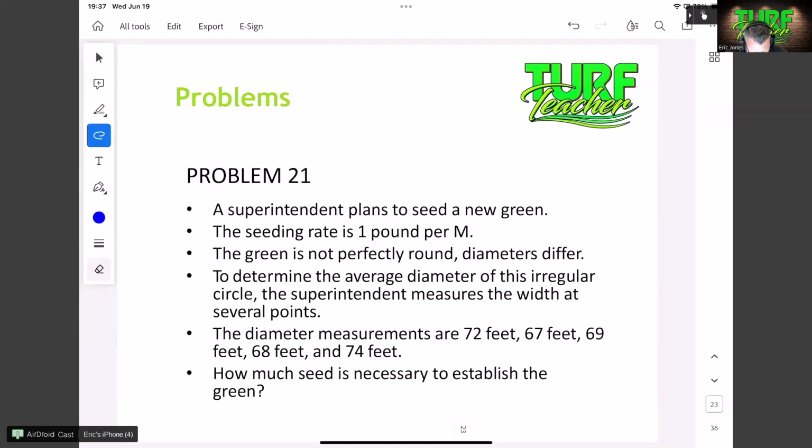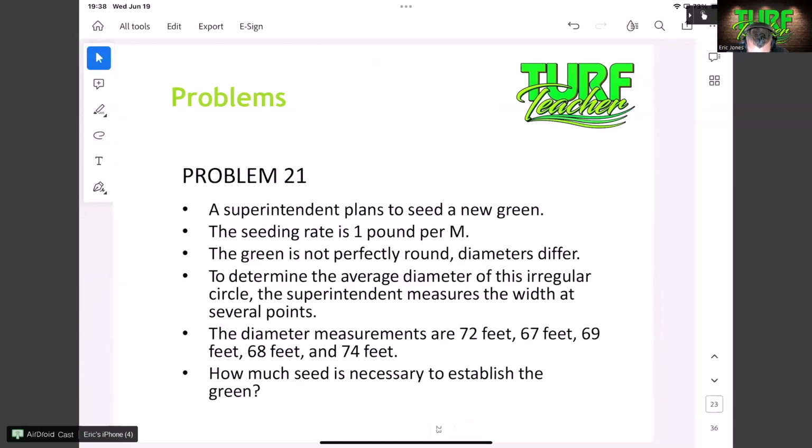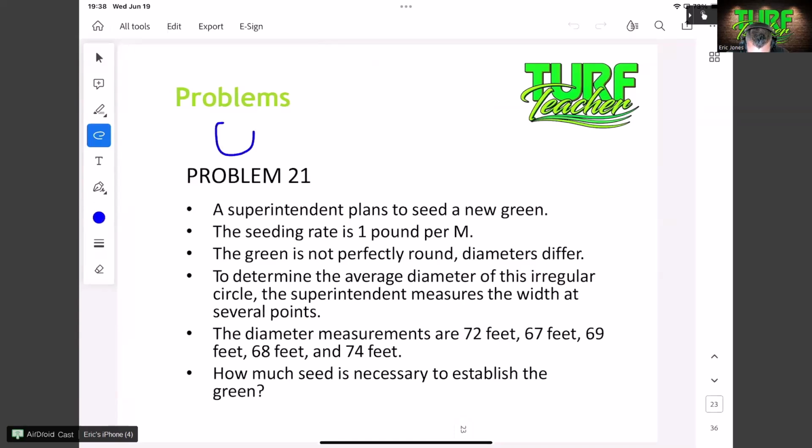And so basically, what they're talking about there is the green is not perfectly round. It's probably looking something like that. And so they take these measurements, and they run across like that.